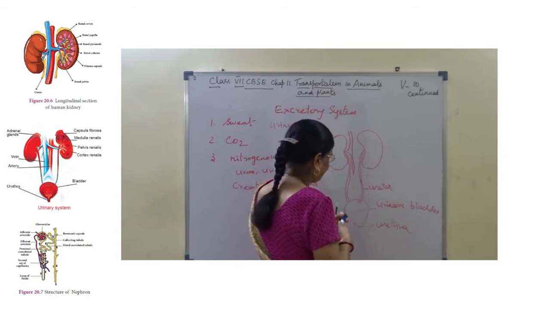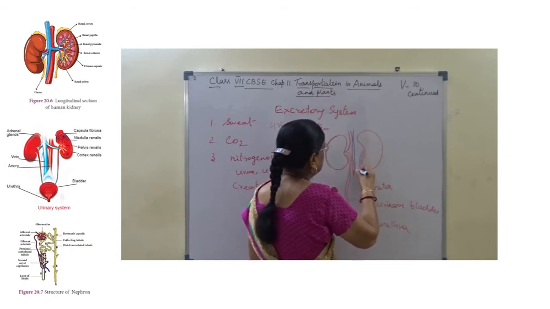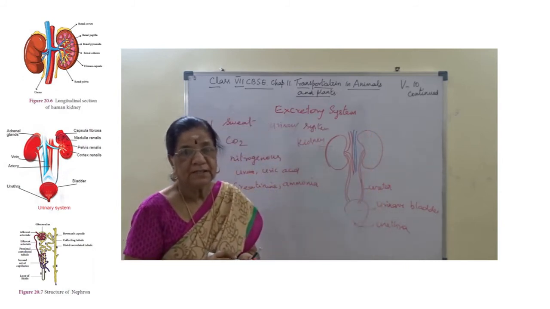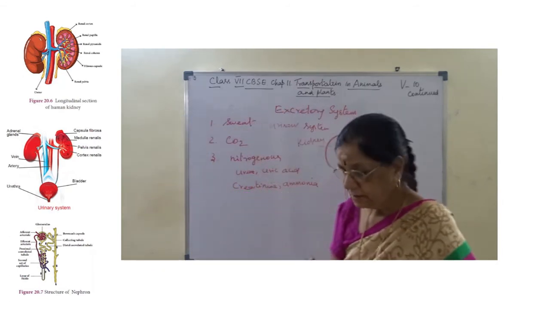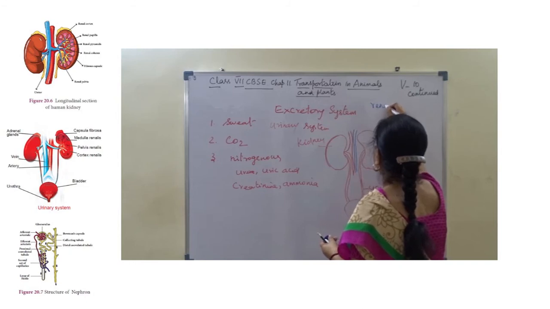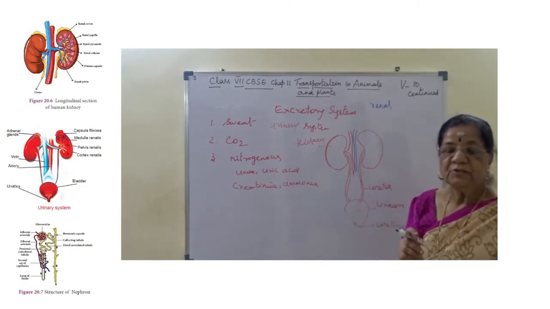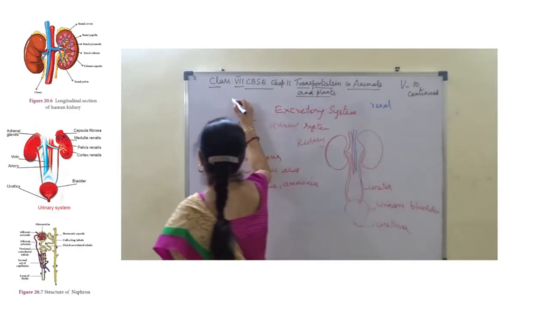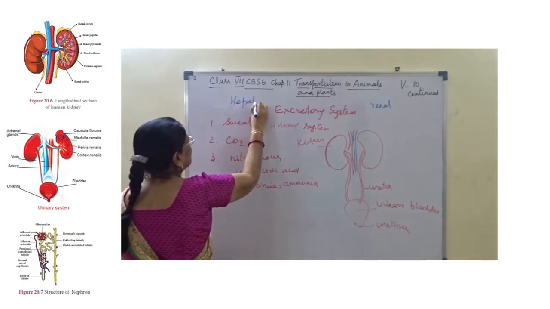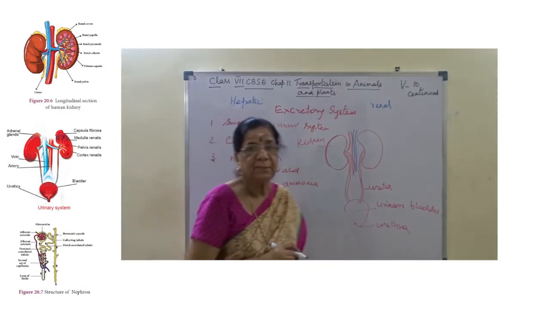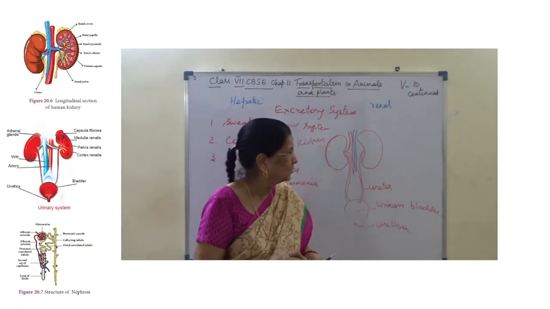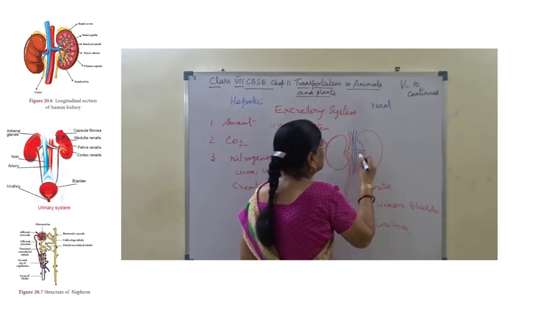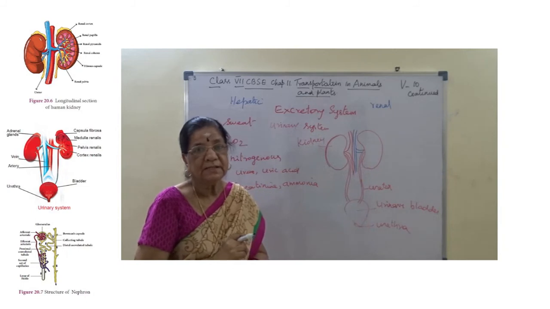From the kidney, blood vessels arise like this. The blood vessels are the renal artery and renal vein. We use the term renal wherever we come across the kidney, so we say renal vein, renal artery. In the same way, when it is concerned with the liver, it is called hepatic. We say hepatic artery, hepatic vein. So these are the blood vessels supplied to the kidneys, the renal artery and renal vein.